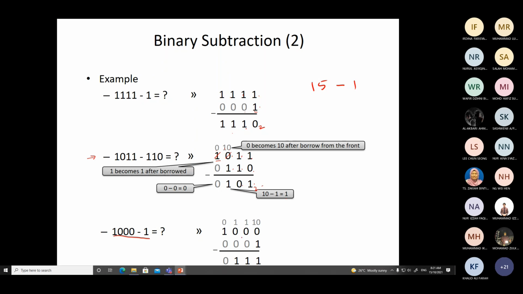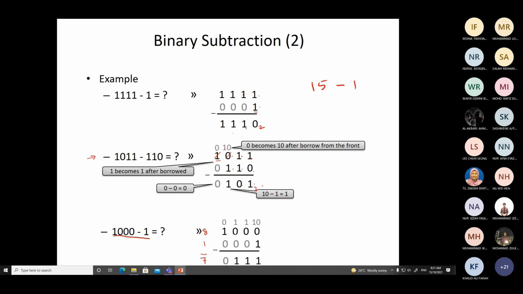1000 minus 1. In your mind, you know this is 8, and 8 minus 1 is basically 7, right? So how do we get that? 1000: 0 cannot subtract 1, so it needs to borrow from the front. But the front also has a 0, so it borrows again to the front.